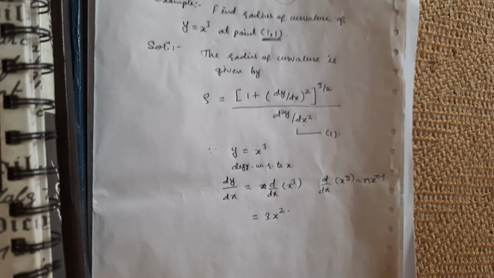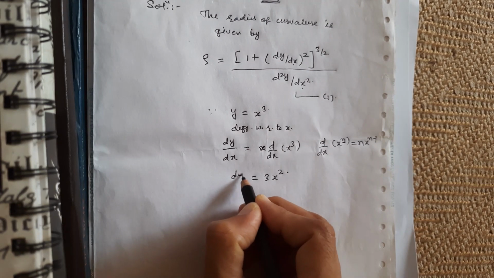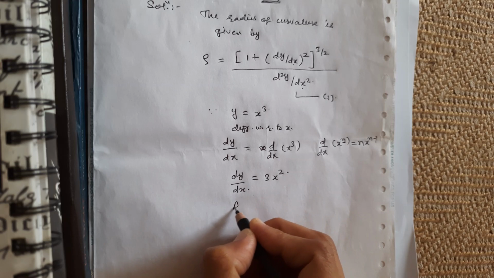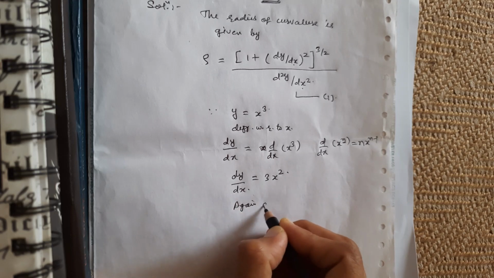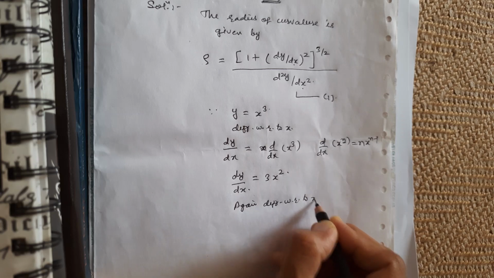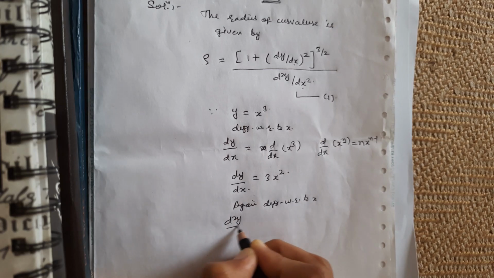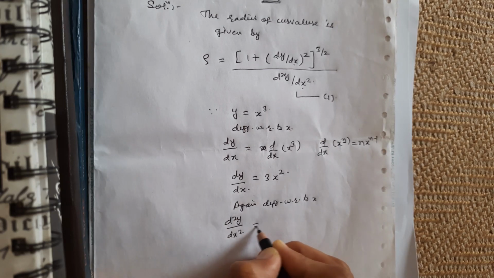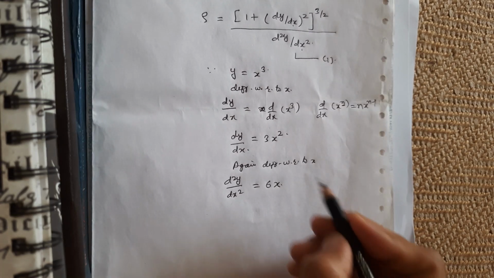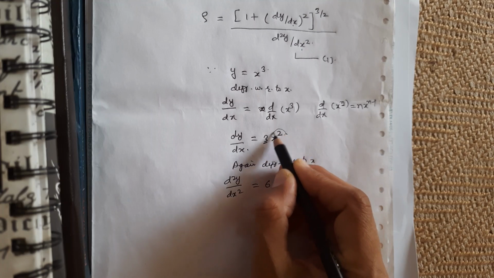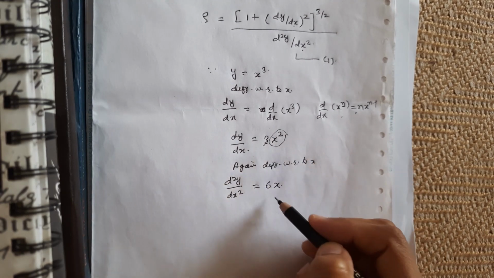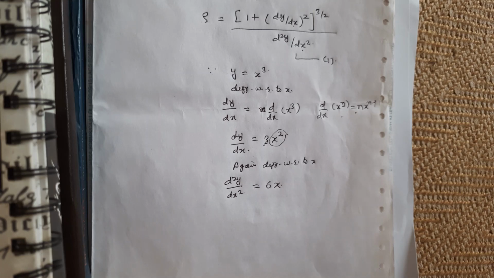This is my dy by dx. Again differentiate with respect to x. I get d2y by dx square equal to 6x. The derivative of 3 is constant, the derivative of x square is 2x, and 2 into 3 is 6x.